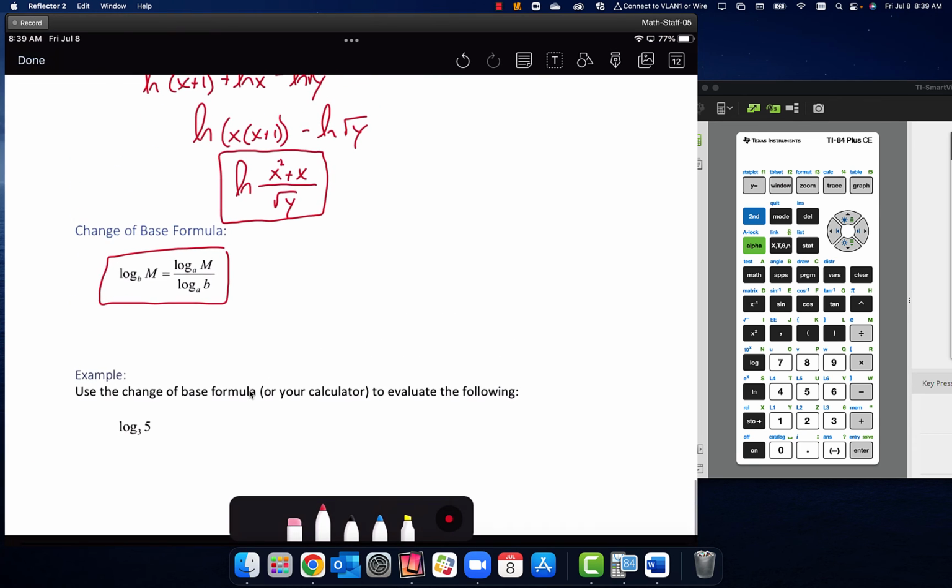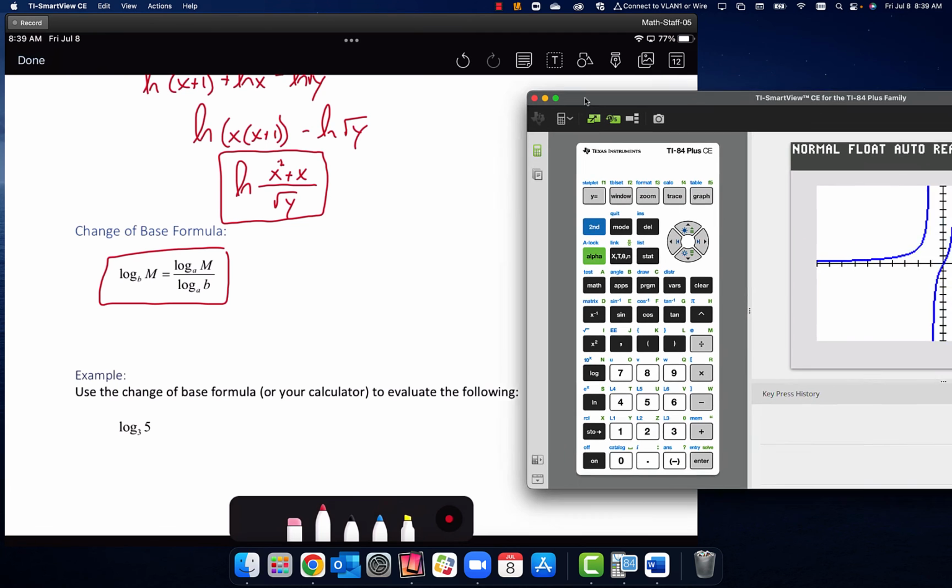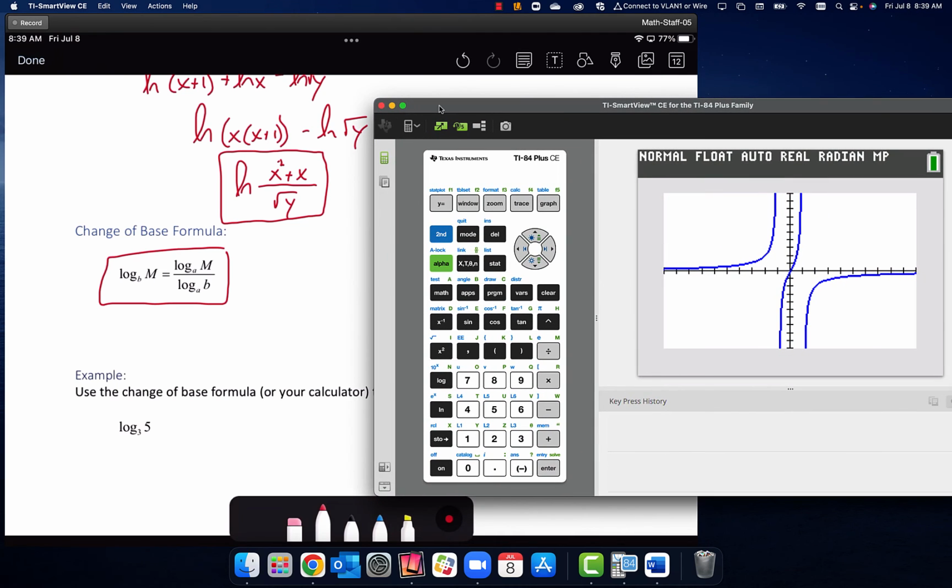So we want to use the change of base formula on the calculator to evaluate this expression. Now, if you have a fancier calculator, you can do this automatically in the calculator. The calculator understands different bases like base 3. But if you have an older 83 or maybe even an older 84 calculator, the different bases are not necessarily going to be easily done in your calculator.